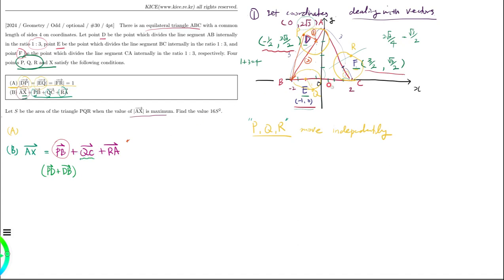Likewise, QC is a vector like this, but we can go to point E first and then go to point C. So QE plus vector EC, and then likewise RA here, we can go from R to F first and F to A later.